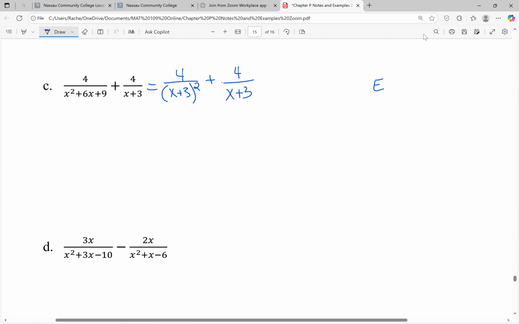It would be like if I had 1 over 3 and 1 over 3 squared, which is 9, right? My least common denominator would be 9 because 9 is divisible by 3. It's the larger number, right? So in this case, between an x plus 3 squared and an x plus 3, my common denominator is going to be the x plus 3 squared.